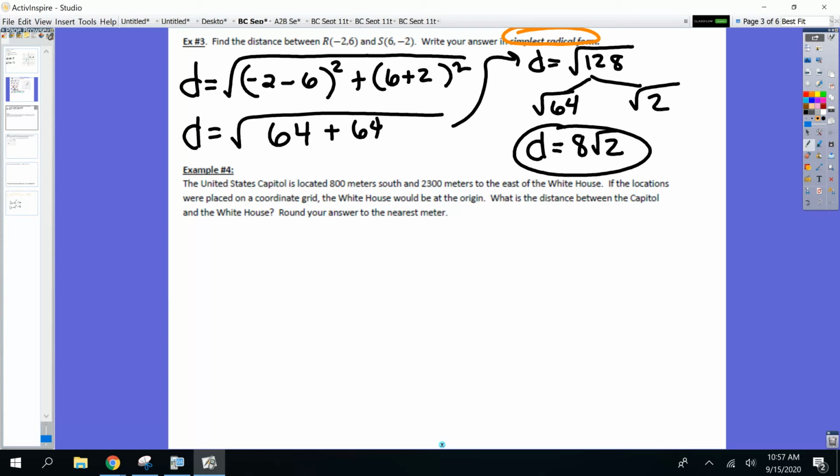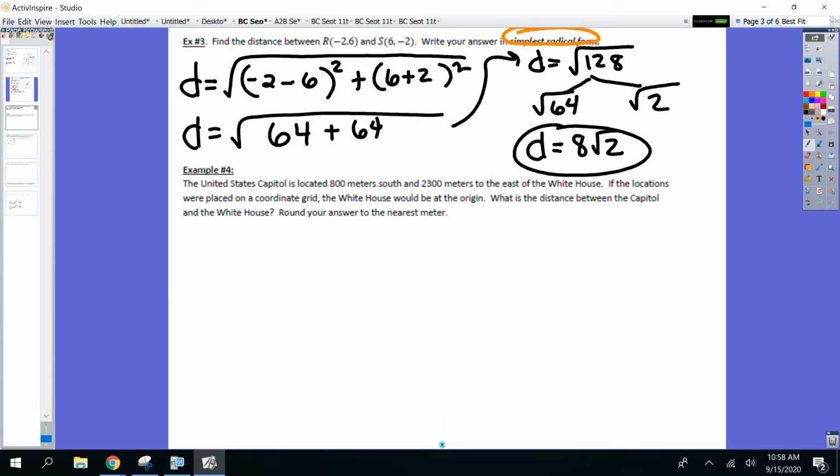Again, if you're unsure, go to your calculator. Is 8 radical 2 the same decimal as the square root of 128? You know you got it correct. Anything else? Questions? We sure? Because now we're going to get to big numbers.